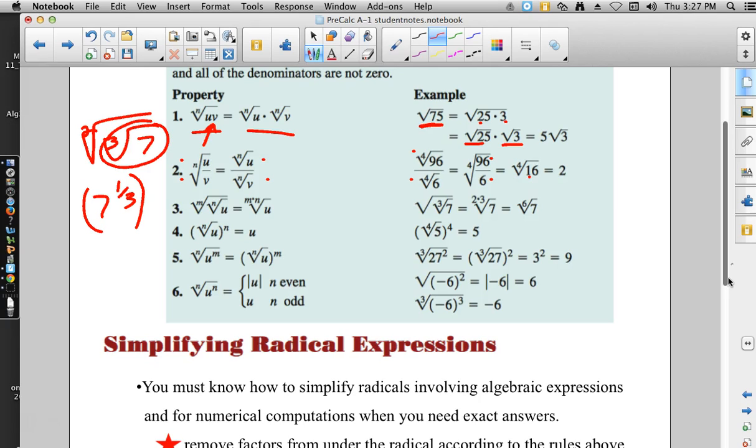It is the denominator. So we have 7 to the 1/3, but then that has to be raised to the 1/2 power. Okay. But when you have a power to a power, you're supposed to multiply those two powers together. These are fractions, so we do top times top and bottom times bottom. That's going to be 7 to the 1/6.